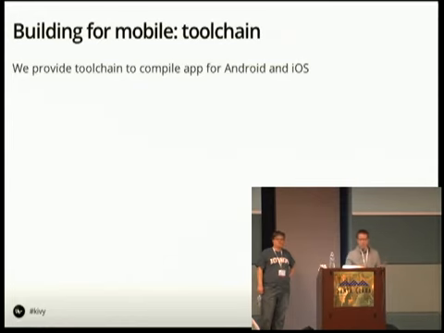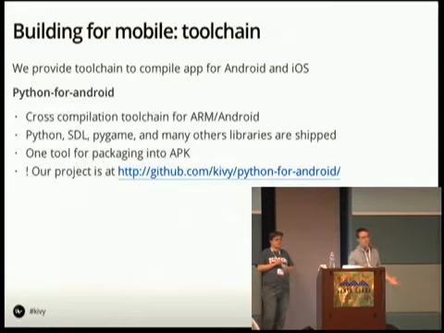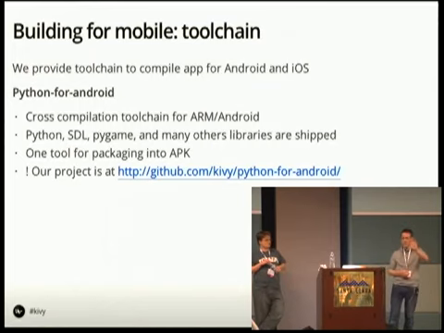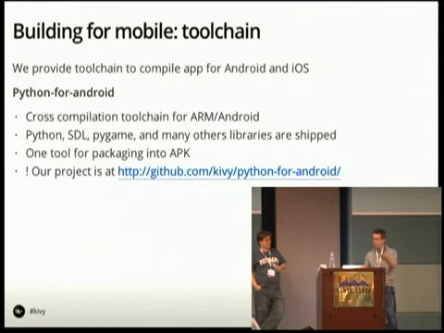So we created two projects. The first one is Python for Android. It allows you to cross-compile Python and many other libraries first, and then we have another tool within Python for Android that allows you to take your application code and the libraries you just compiled, and create an APK. This is the package format for Android.